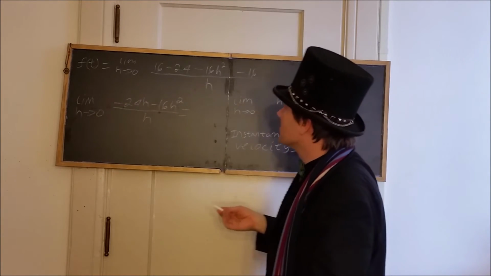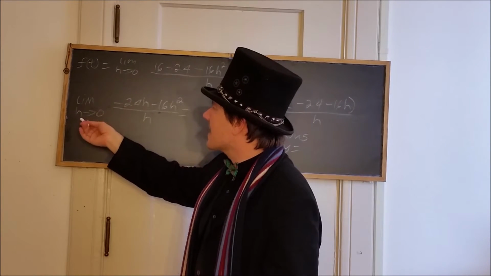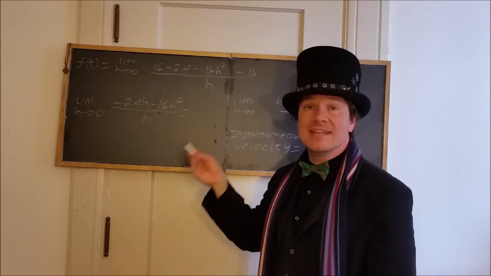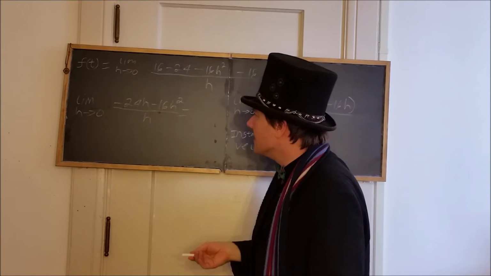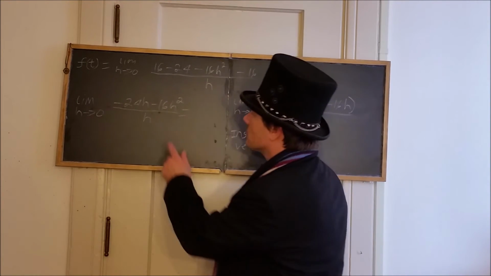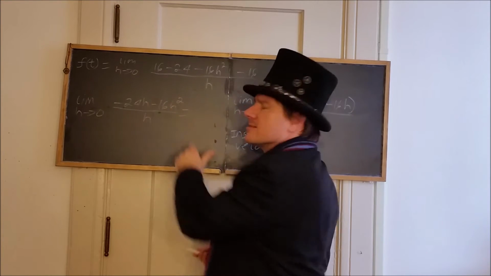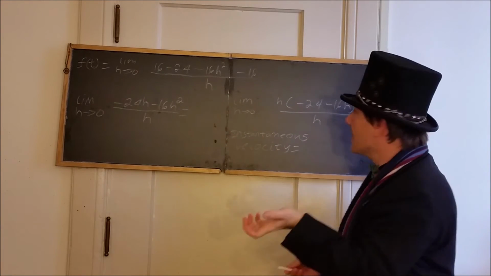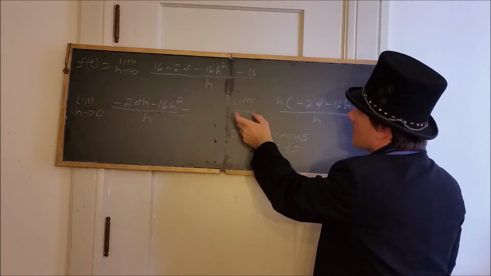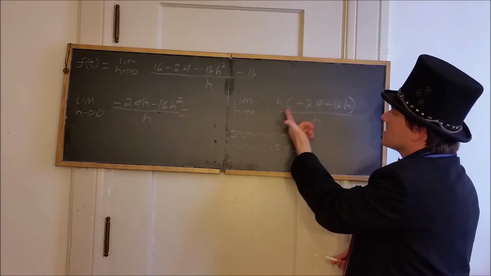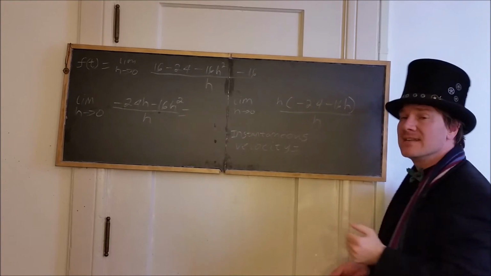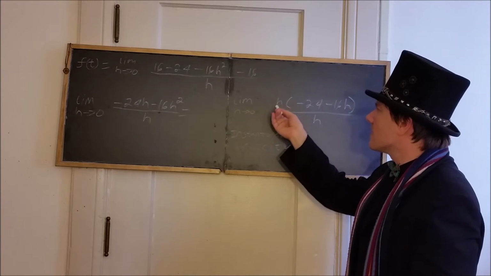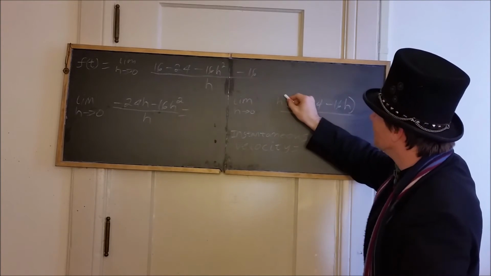So the 16s cancel out and we're left with the limit as h approaches 0 of negative 24h minus 16h squared all over h. And so what we could do here is we see that we have two h's in our polynomial, so we can factor out an h. And so we have here the limit as h approaches 0 of h times negative 24 minus 16h all over h. And now we can see that we can cross out these h's. These h's here cancel out.